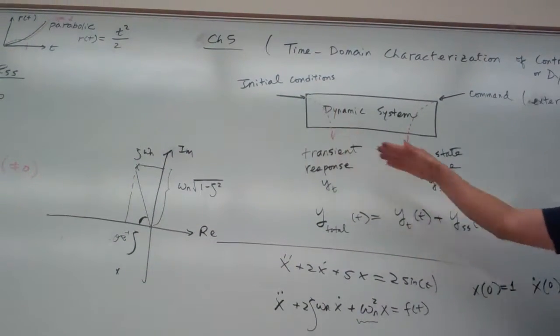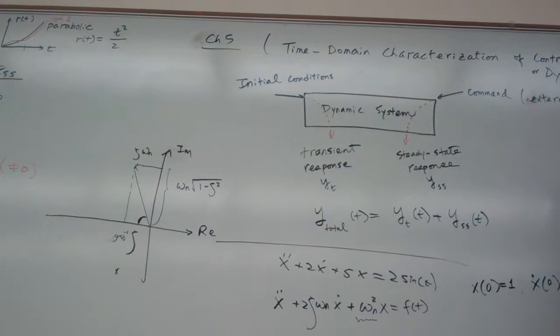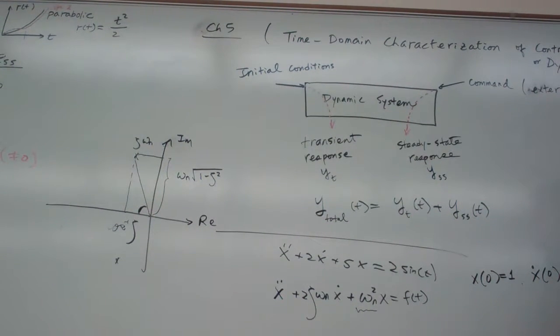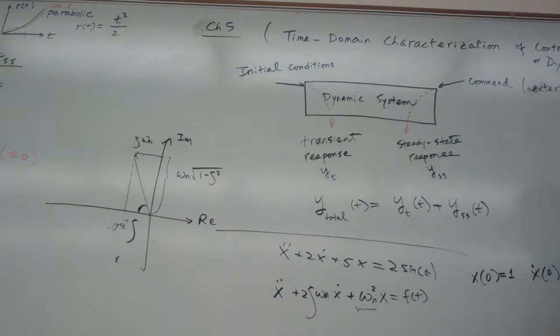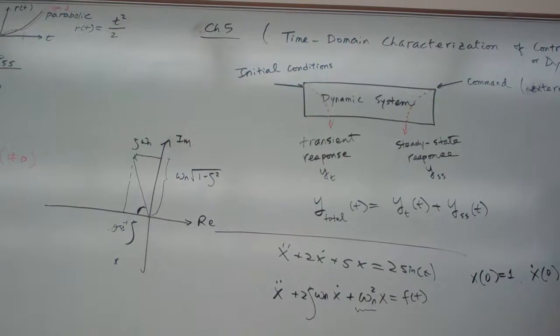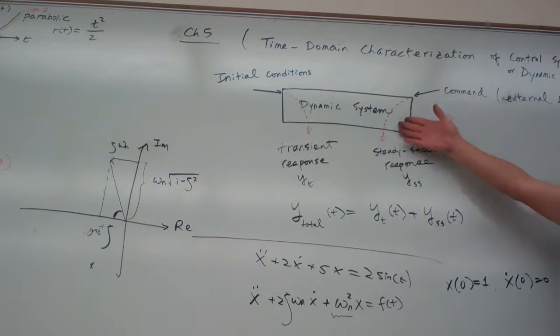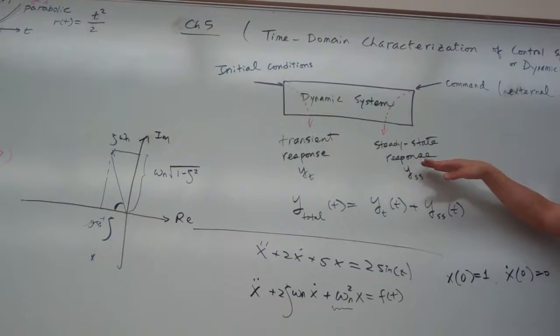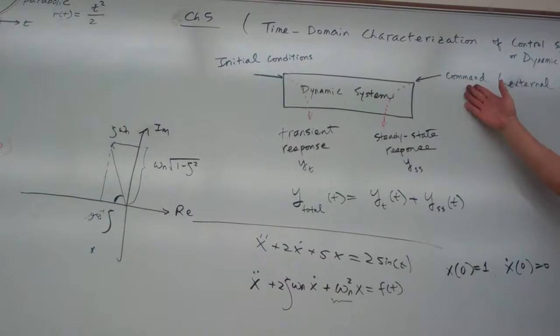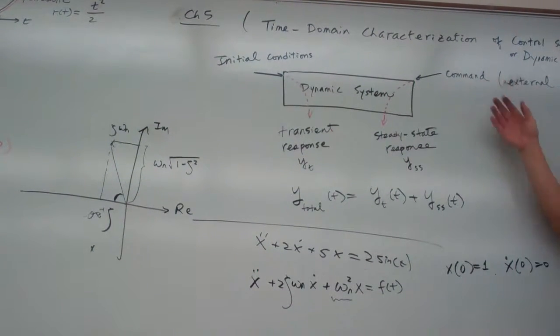This route will just be eliminated and die out in a short time. Following up in the control system, we are more concerned with this route, and this route is the steady state response to the command. Basically, that is our transfer function.